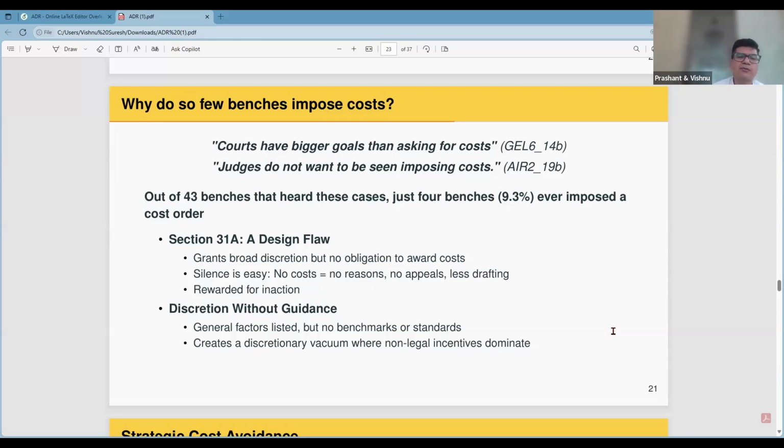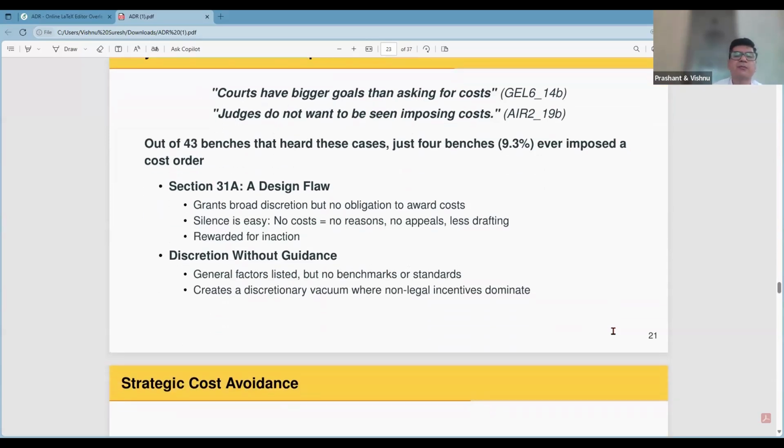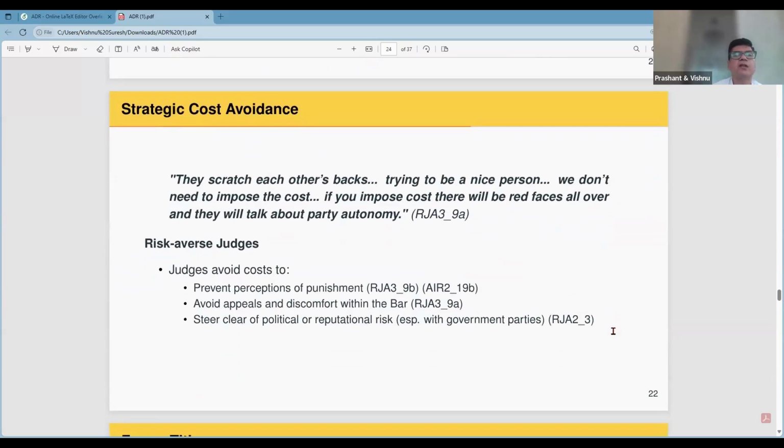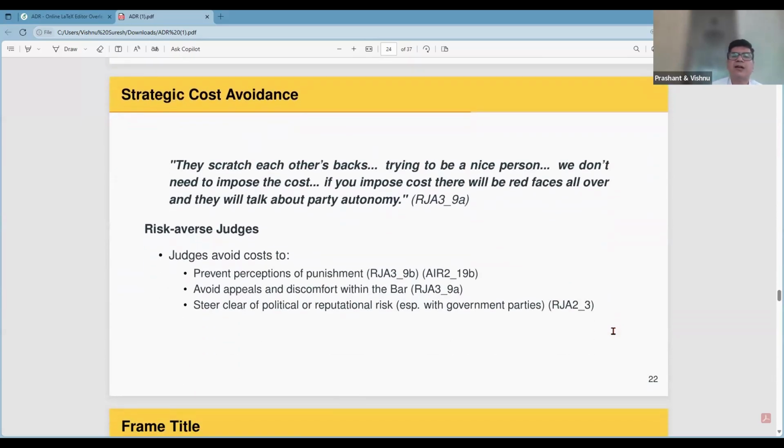And then in the law, of course, there are general factors listed, but there are no benchmarks or standards, and it's discretion without much guidance. There is some guidance, but the principles are not clear as to how to determine costs. So one stakeholder, a retired judge, said that they scratch each other's backs, trying to be a nice person. We don't need to impose cost.